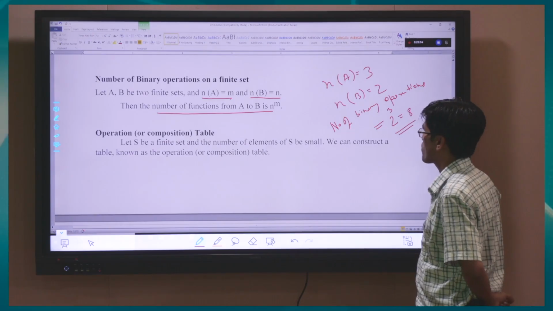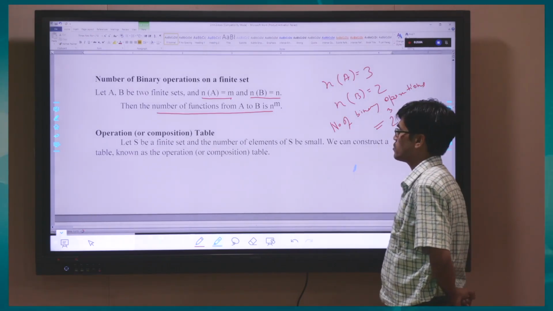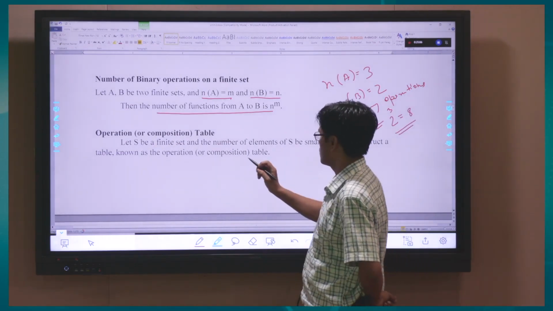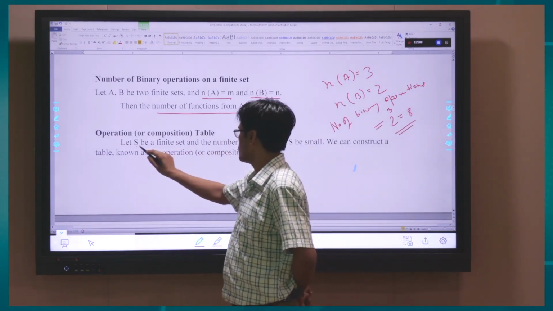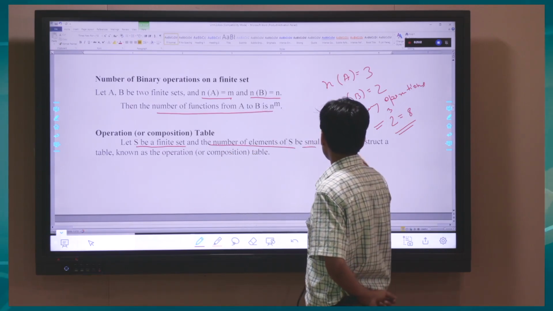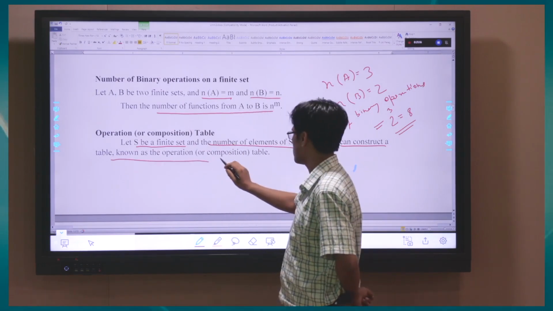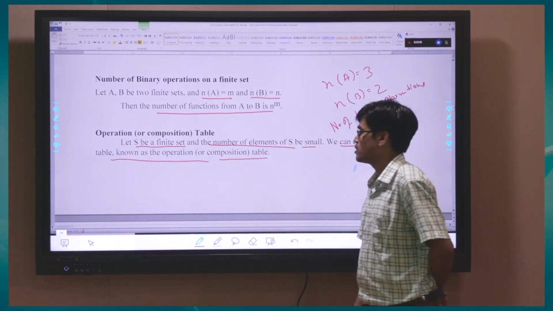Next there is the operation table, also called the composition table. If S is a finite set and the number of elements of S is small, then we can construct a table known as an operational composition table.